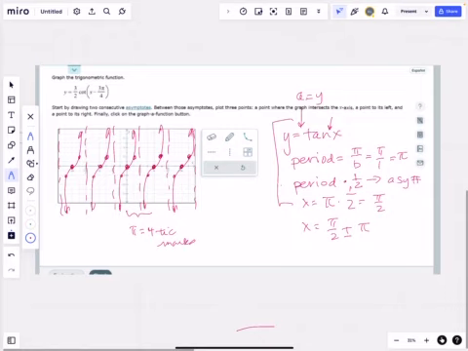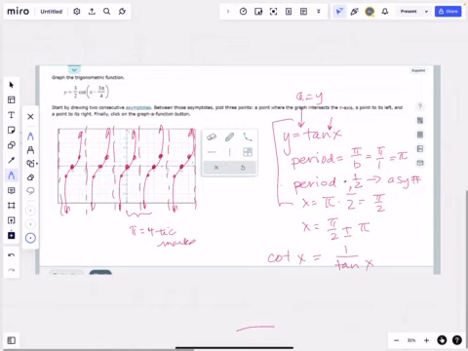All of this is a review of how to graph the function y equals tan of x. Now, remember that cotangent of a value is equal to 1 over the tangent of that value.